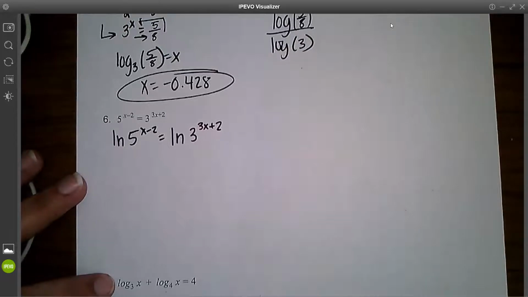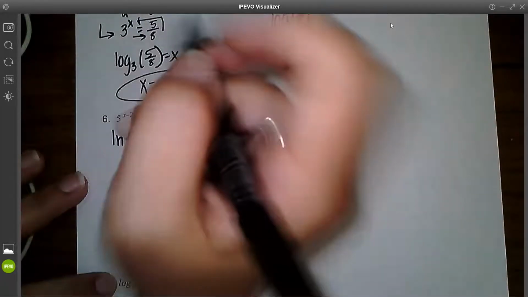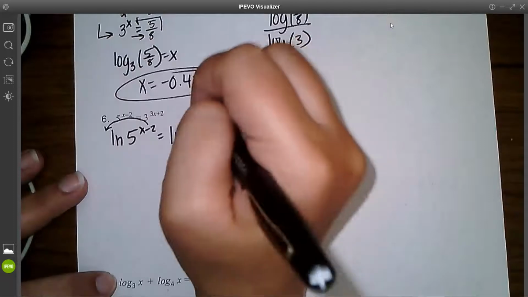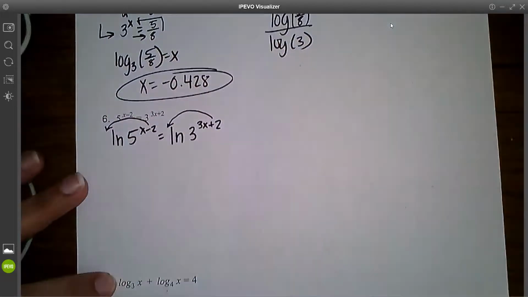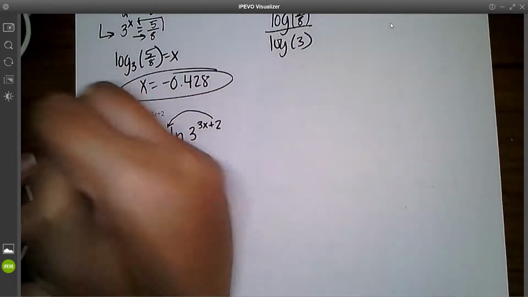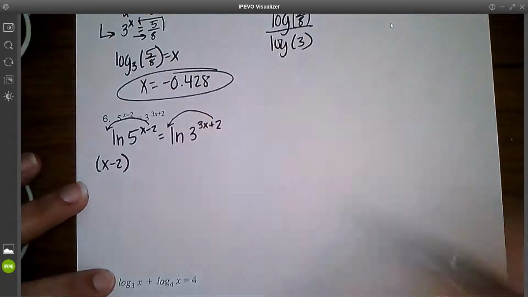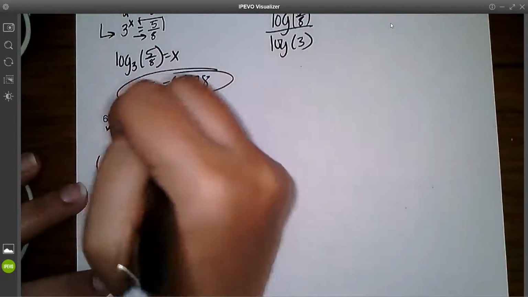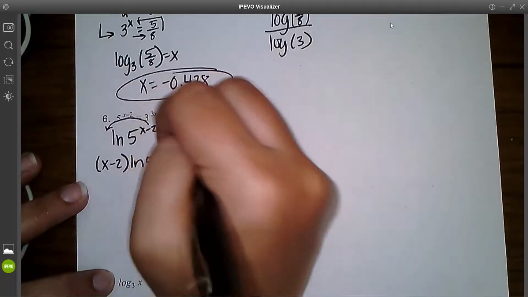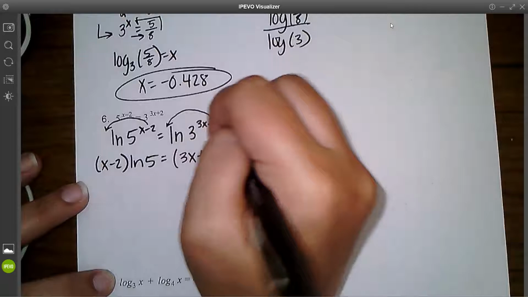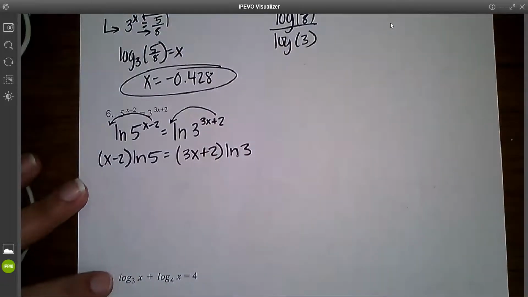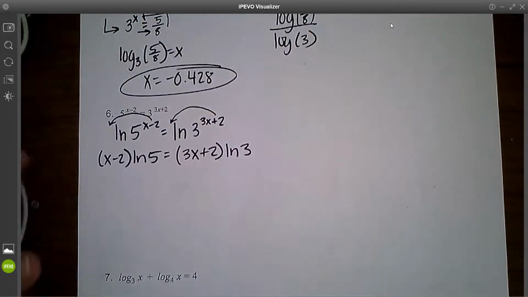Then you can use the power property to get rid of your exponent. You move this out as a coefficient in front of both of your natural logs. Make sure, since there's more than one thing, that you put it in parentheses. Now your goal here is to solve for x, so you want to get your x's together into one x eventually.